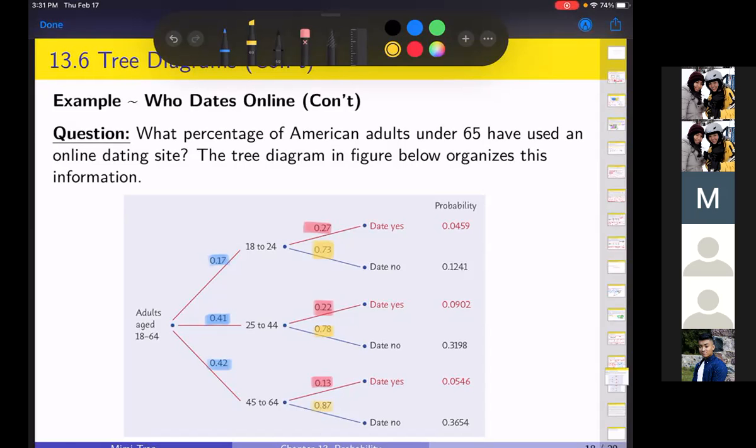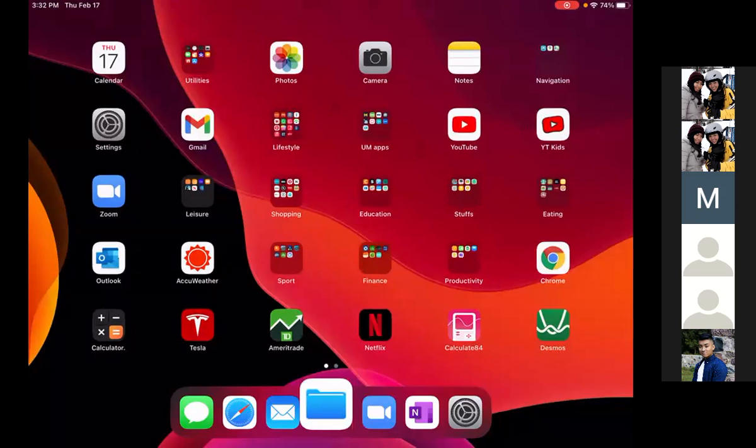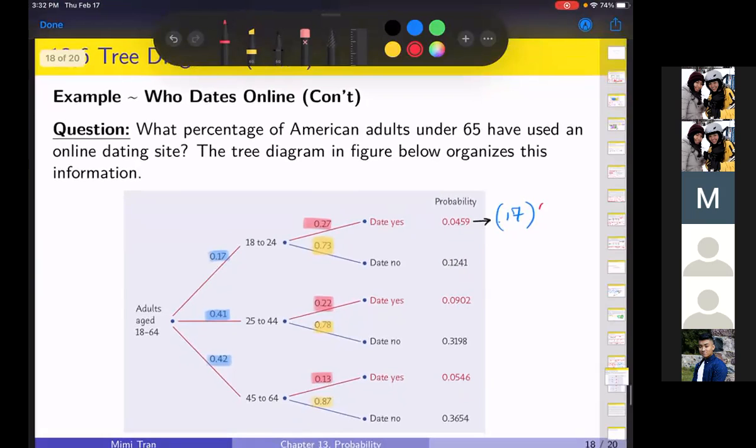All you have to do is take 0.17, this number right here, times 0.27, and you get 0.04590.